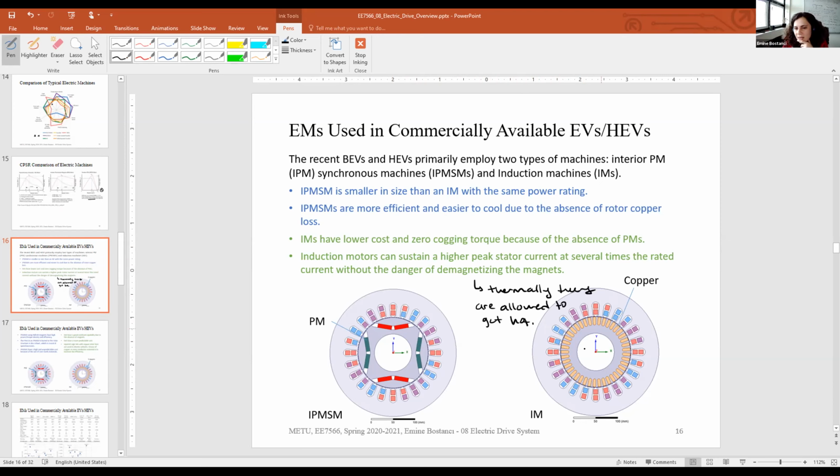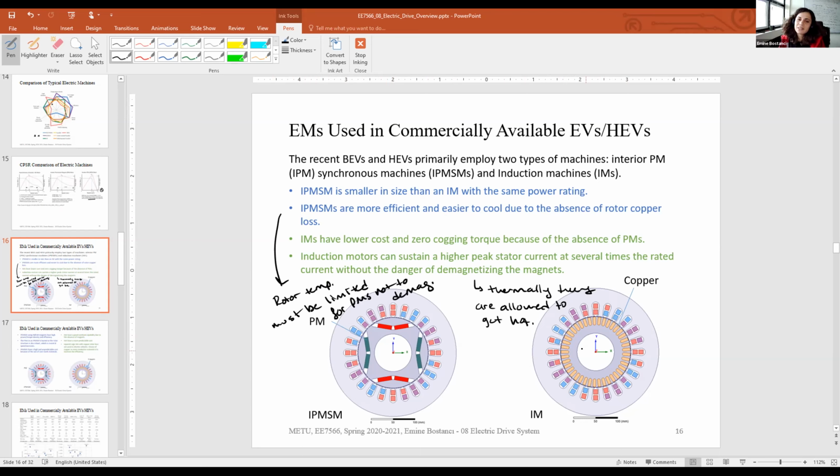But on the other hand, in an induction machine, the rotor temperature must be limited for PMs not to demagnetize. But here we don't have such a problem.